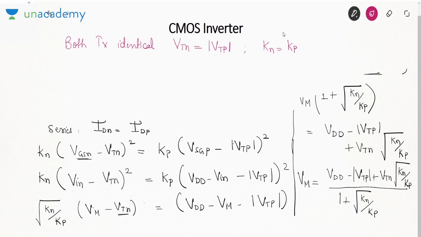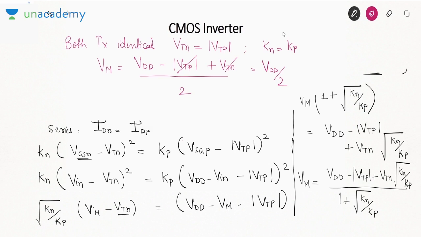If that is happening, under root Kn by Kp will be 1, and these two are equal, so they get cancelled out. It will be VDD by 2. So the midpoint voltage is half of VDD, but that is only when both transistors are identical. Otherwise, we have derived the general expression for Vm, that is VDD minus mod VTP plus VTN root Kn by Kp, whole divided by 1 plus root Kn by Kp.